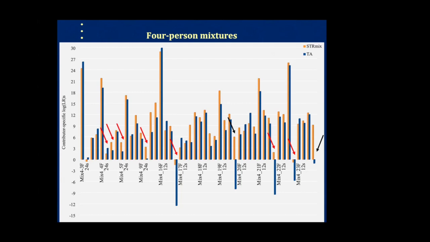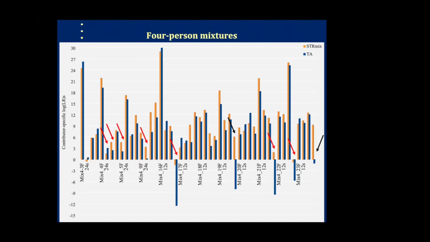For mix 419F, the lower template contributor came back with about 1 million times more likely, log 6, for STRmix and nearly a log -9 for TrueAllele. And we'll come back and go over that mixture, mix 419F, in a lot more detail momentarily.